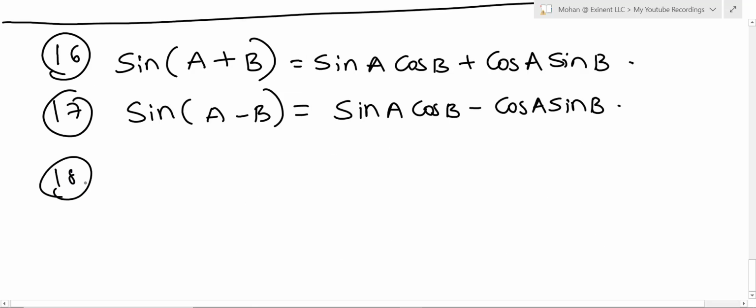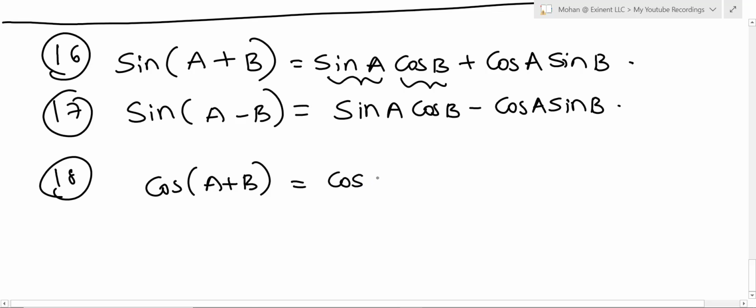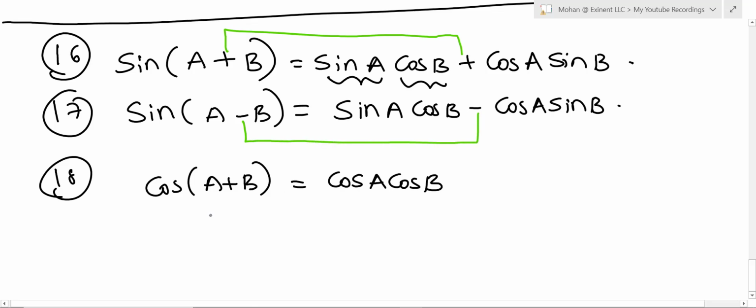About cos, that is cos of A plus B. Here one sine, one cos has come, right? So in cos formulas, both cos will come, cos A cos B. You need to just recognize that whenever there is plus here in sine, plus has come, whenever there is minus, minus has come. But the cos is kind of opposite.